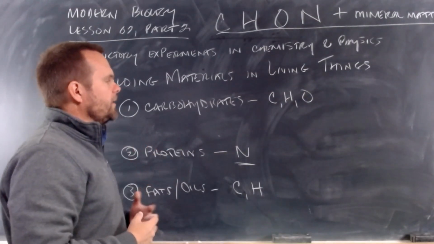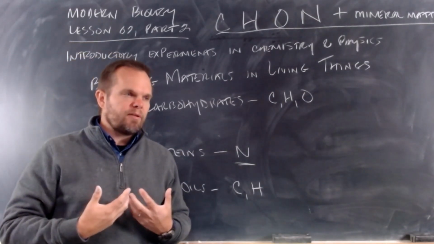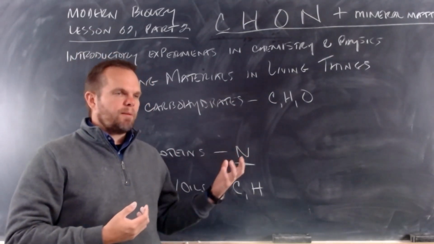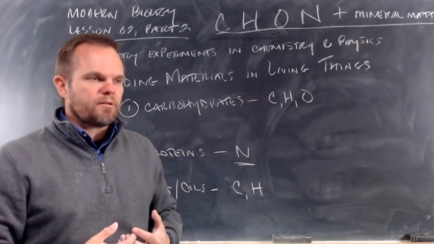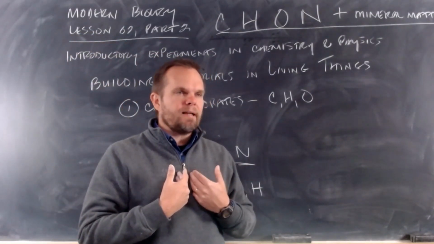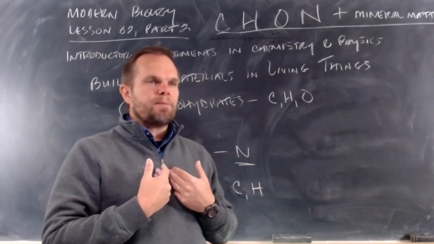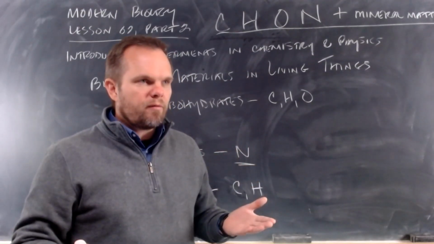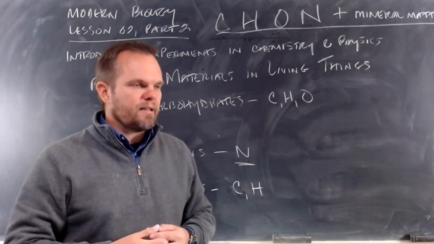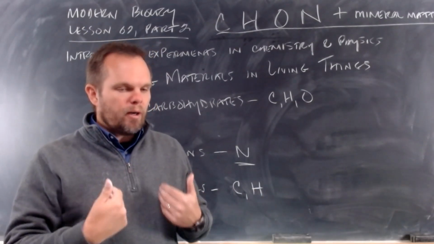So these are the substances our bodies are built of. These are the substances that plants are built of. These are the substances that other animals are built of. And not only are they the substances our bodies are built of, they're also the substances that our food is built of, because other plants and animals are our food.